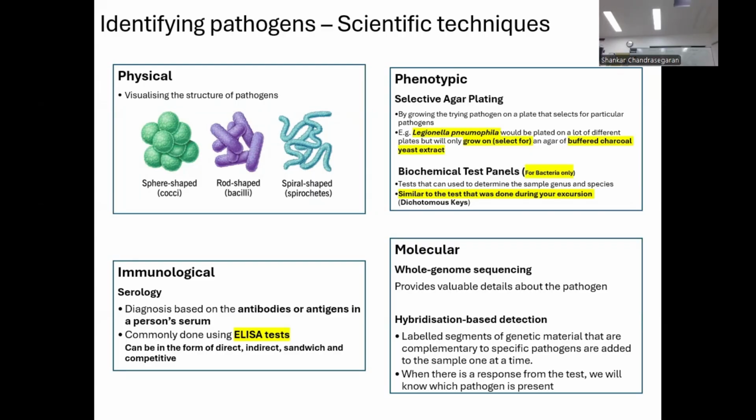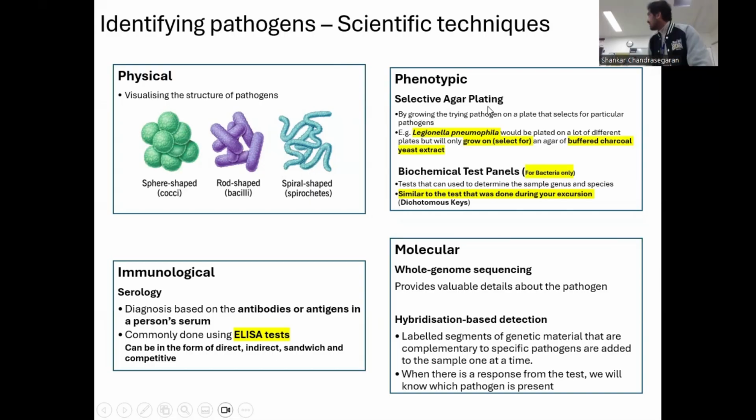We have your cocci, we have your bacilli, and your spirochetes. Okay, and these are looking very different, and this is specifically for bacteria. For different pathogens, there are different features we're looking at. For example, with the virus, we're looking for capsules, right? Whether they're encapsulated in a capsule, that is a sign that it could be a virus. And with different pathogens, we're looking for different features. So this is the first step.